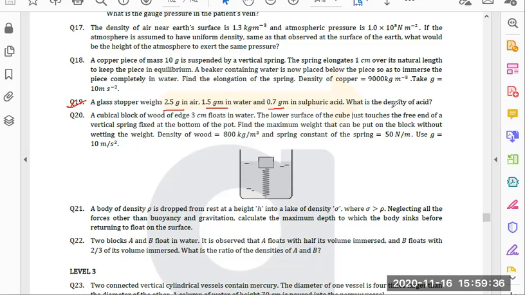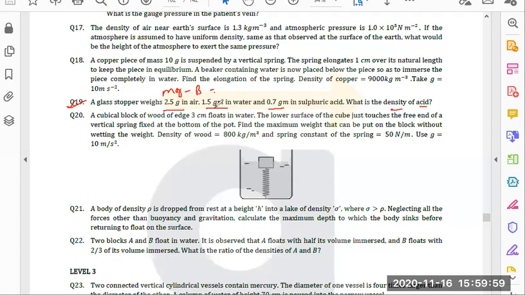So density of an acid. We can just take the ratio, na? 2.5 gram in air, so this is normal mg. 1.5 gram in water, so mg minus buoyancy, right? Is this m dash g?